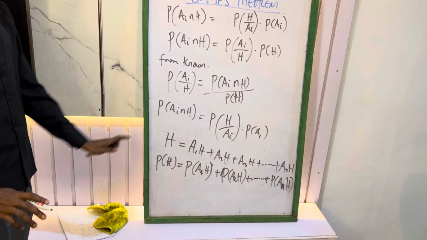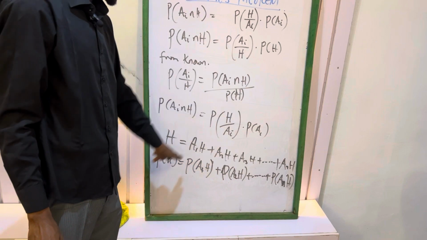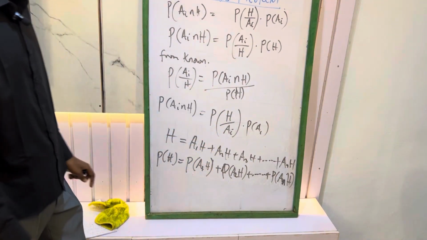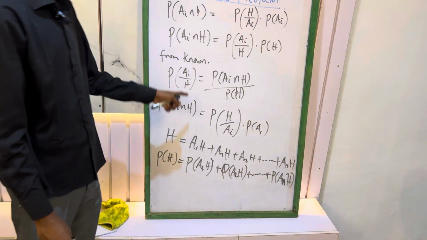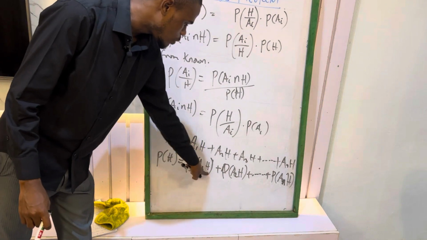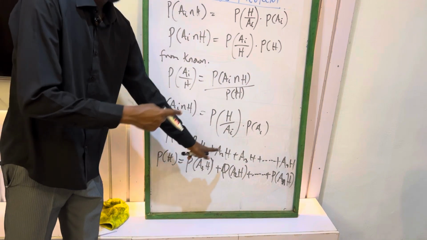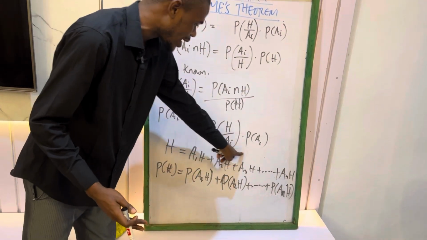You get that, right? So now we have successfully gotten the denominator aspect and the numerator aspect. But we cannot leave this denominator in these terms, because this one is still a joint probability. This P(A1H) is the same thing as saying P(A1 ∩ H). So we have to split it out, the same way we split this one out.